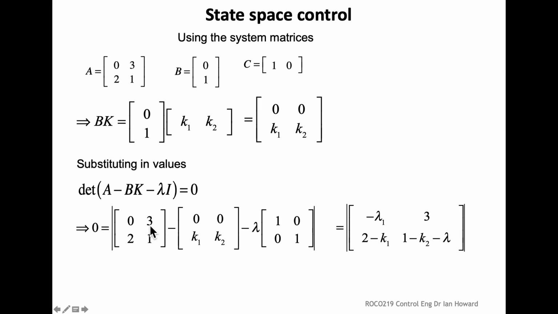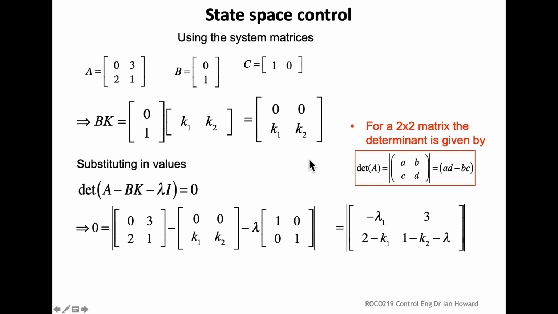This term goes to 3 take away 0, which is 3. This one is 2 take away K1 take away 0, so 2 minus K1. And here is 1 minus K2 minus lambda. So we end up with this simplified version, and we need to calculate the determinant. For a 2 by 2 with A, B, C, D, it's going to be AD take away BC.